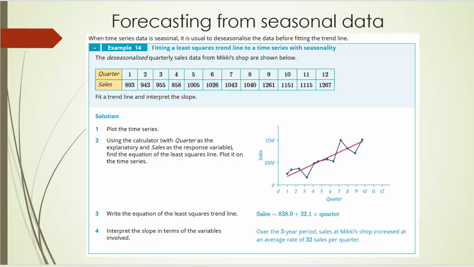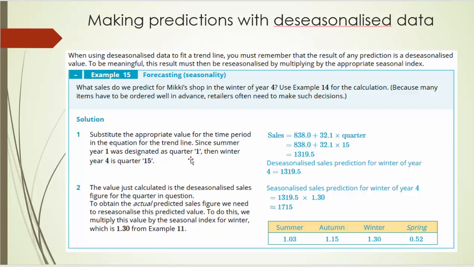Now, once we've got the equation, we see that Mickey's sales are going up by 32 per quarter. Well, that's fair enough. Now let's make a prediction. We want to know what the sales might be in the winter of year 4. Now, on the basis of the numbering system that we use there, winter in year 4 will be the 15th item.